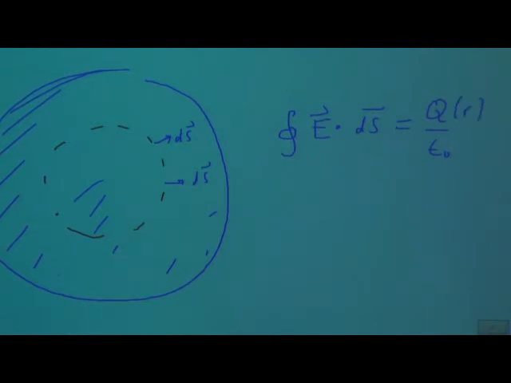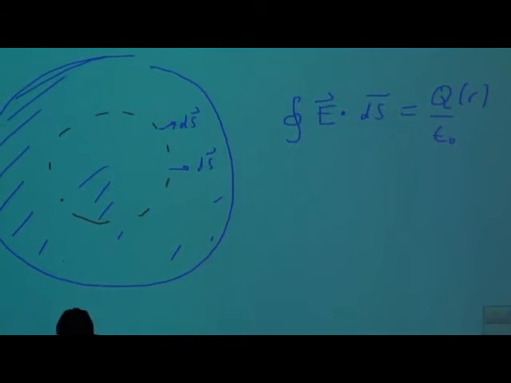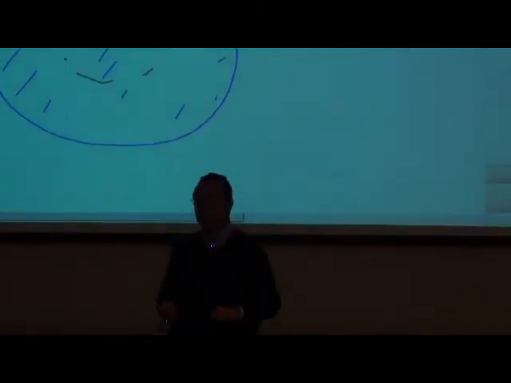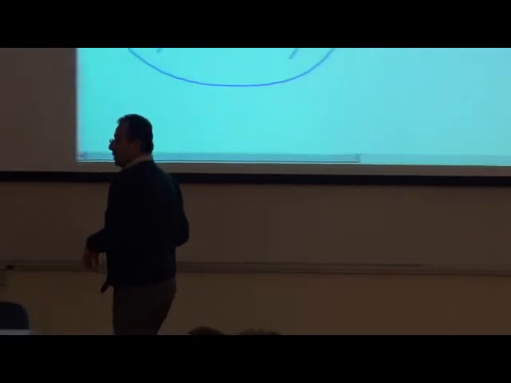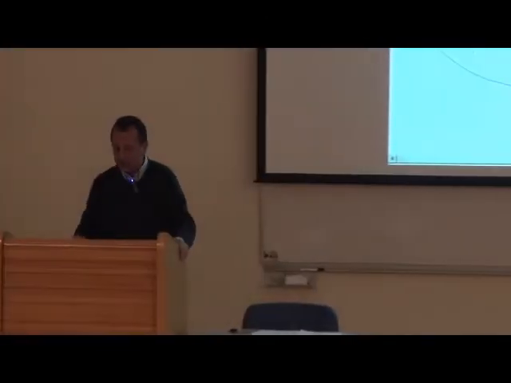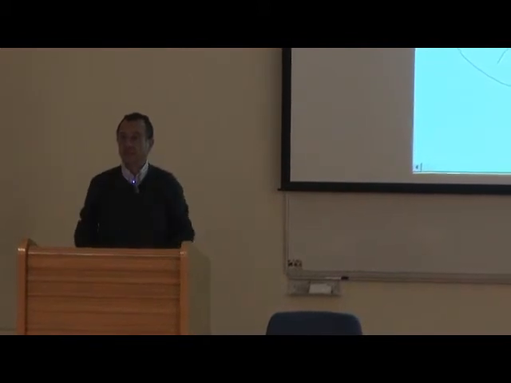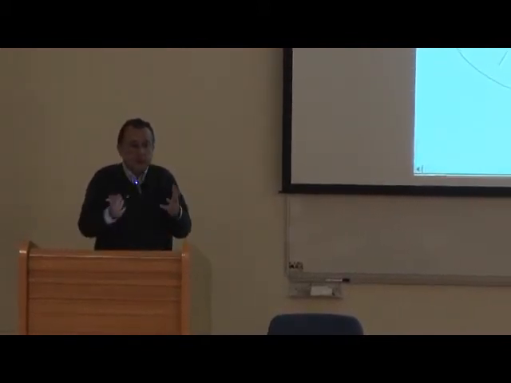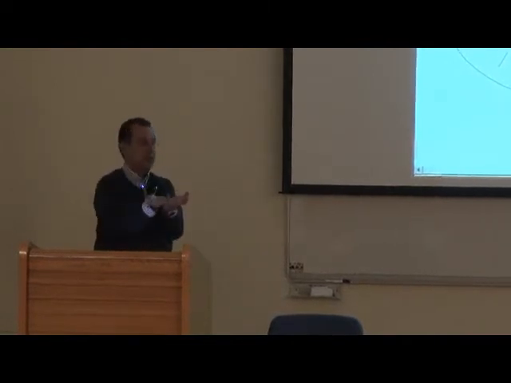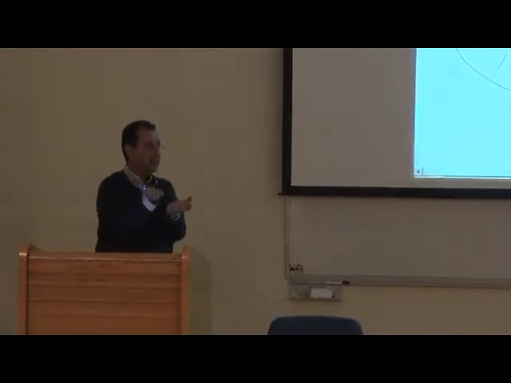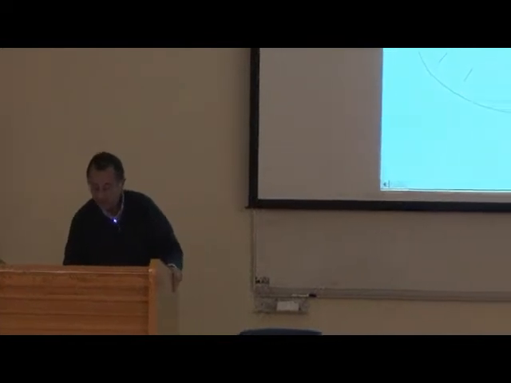The charge inside depends on where you are, of course, what your surface is. Now, let's look at the left-hand side. We know that E is constant. Why? Well, because that's why I chose this sphere, this surface. So that E is constant everywhere. Take E outside. We also know that E is in the radius direction.